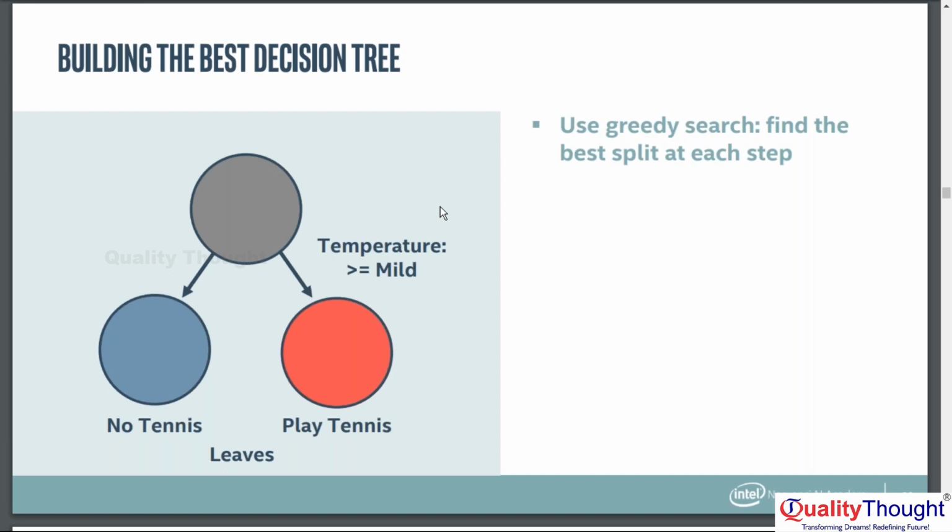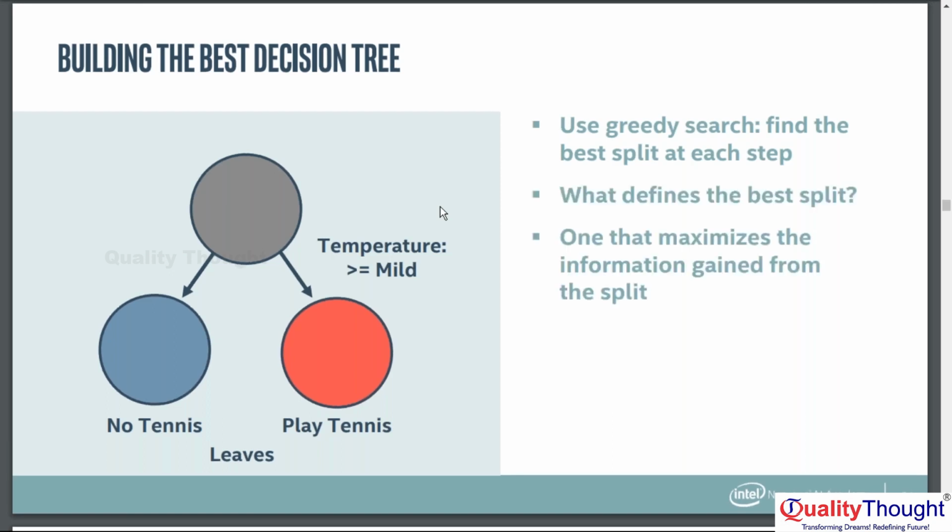How do we know where to split, and how do we know it is going to be the best split? We need to understand the information first, how we are making a split, and from there perform whatever we want. So how this information gain happens is a very important thing.